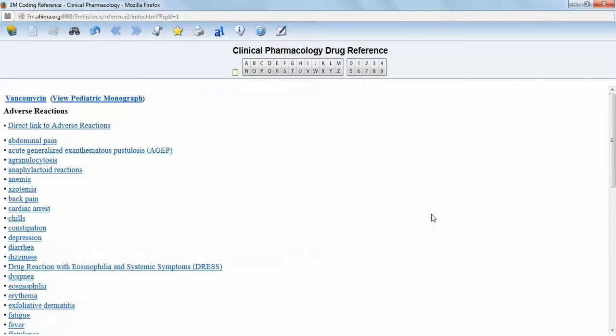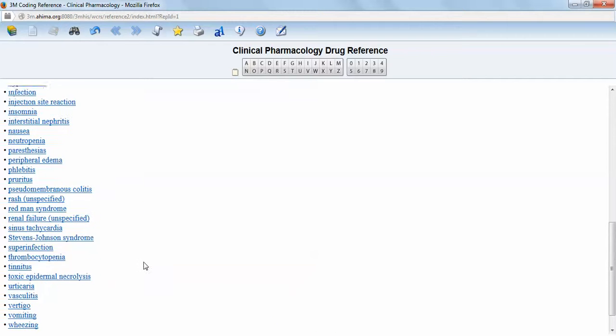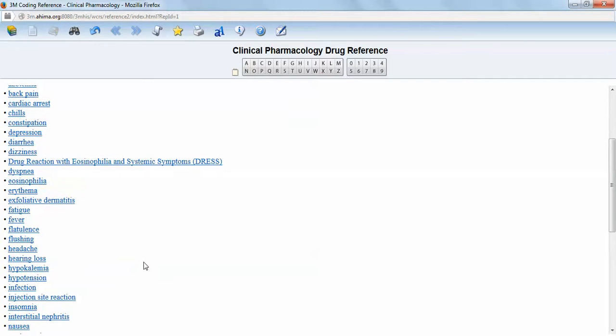So you can click on adverse reactions and it will give you all of these reasons that could be adverse reactions.